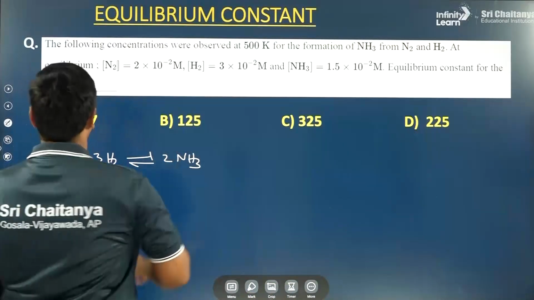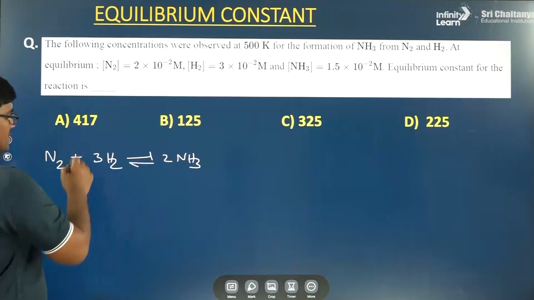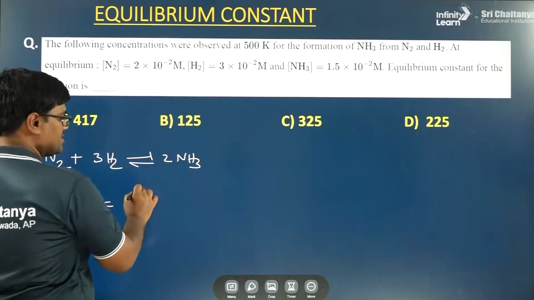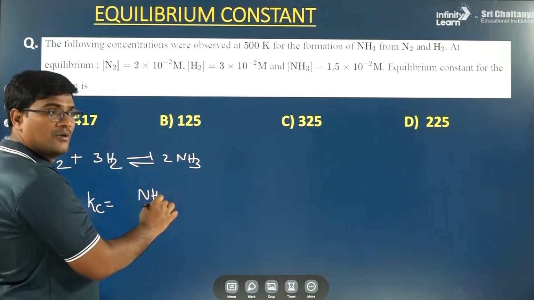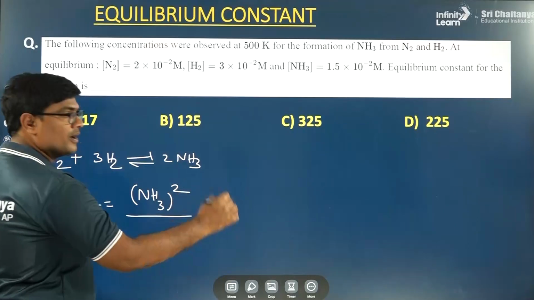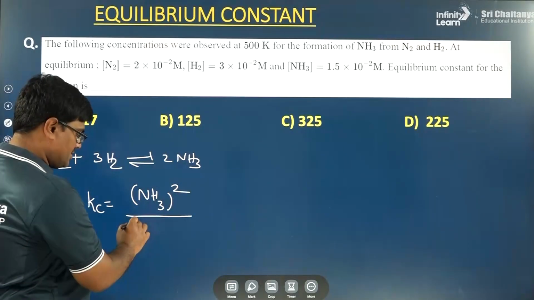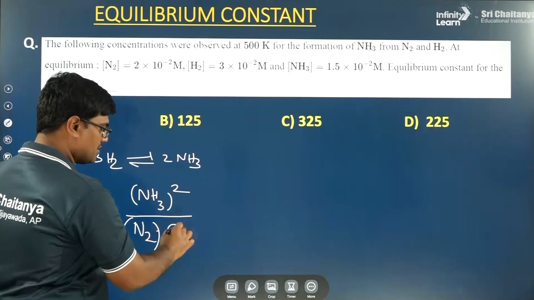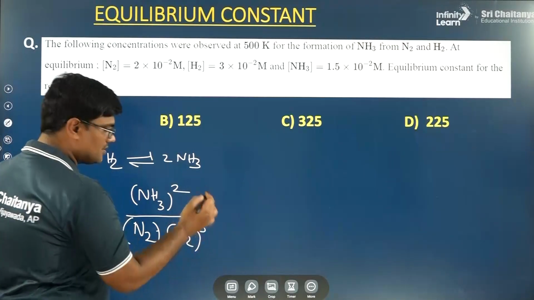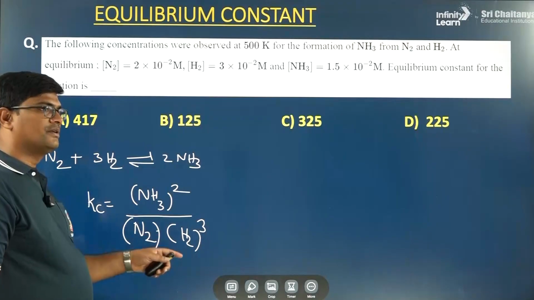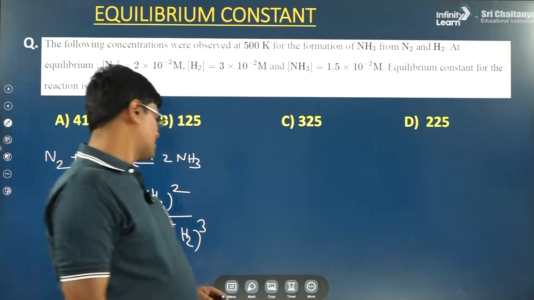Now let's go for that. Here what happens? What is the Kc expression for this problem? The Kc expression is concentration of ammonia squared divided by concentration of N2 into concentration of H2 cubed.